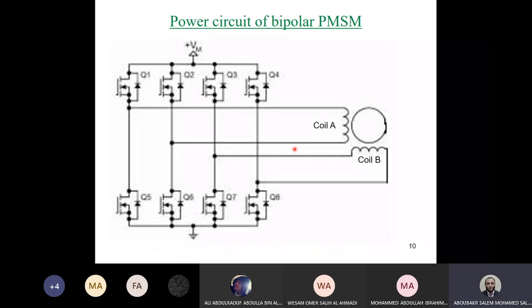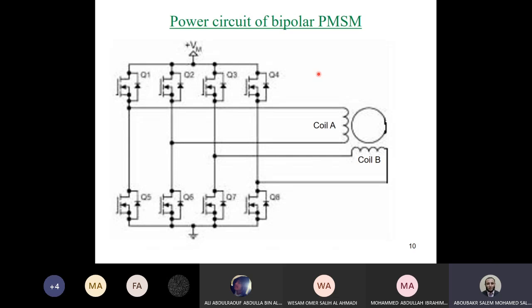As we described, you can find this circuit for only 30 or 40 riyals. So this is the circuit used with the bipolar permanent magnet stepper motor.